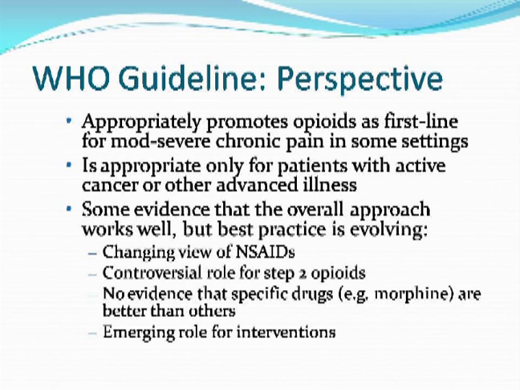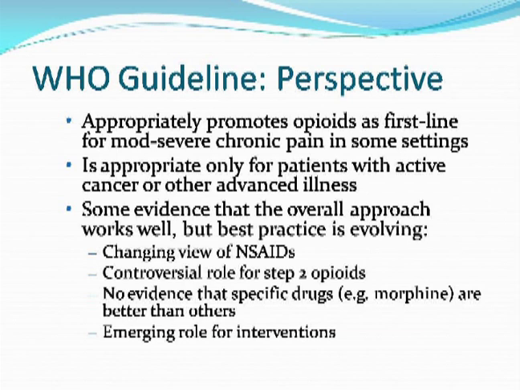Well, now we know that NSAIDs can be very dangerous drugs that have an adverse effect profile that clearly contraindicates them in some patients. So NSAIDs are not uniformly appropriate for all patients with chronic pain. You need a risk-benefit analysis every time you treat a patient in order to decide whether or not a patient should get an NSAID. And it's clear that step 2 opioids are getting more controversial.